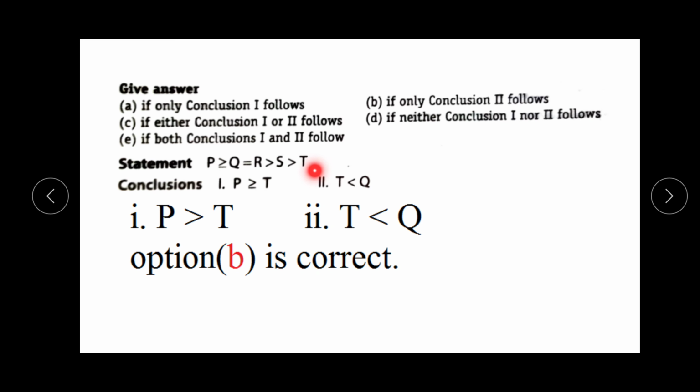When we read from right to left, this is not greater than, this is less than. As we discussed earlier, with the sign equal to, if another inequality is given, that other inequality will follow. So T is less than Q is correct, which means option second is correct. Thank you.